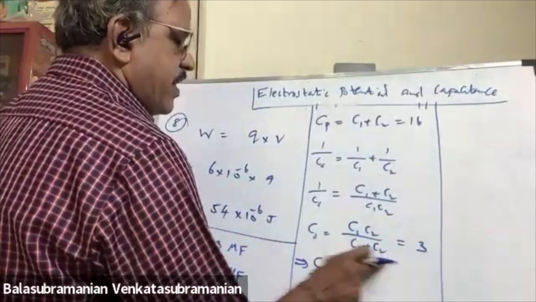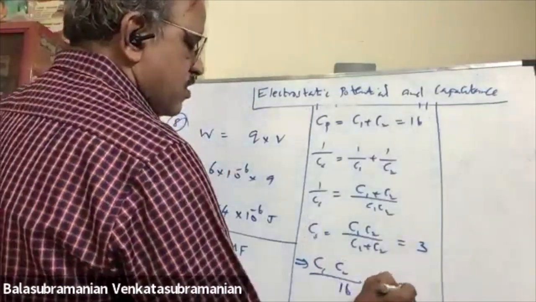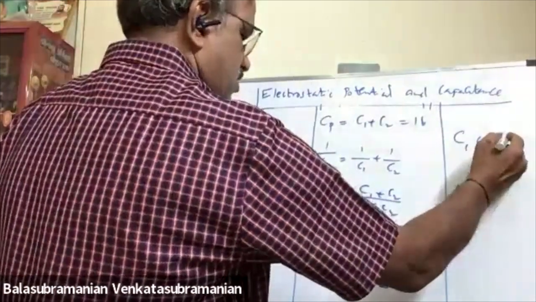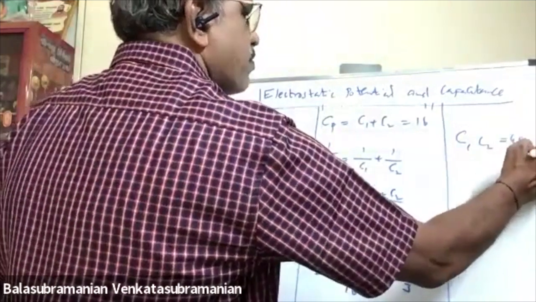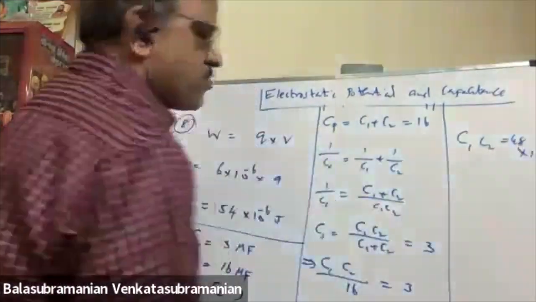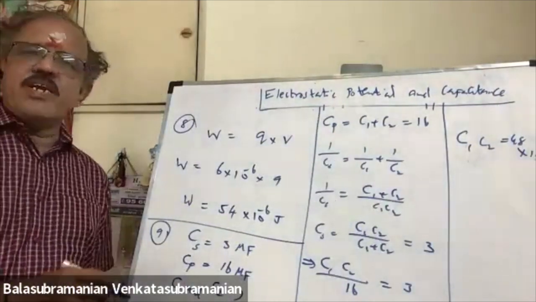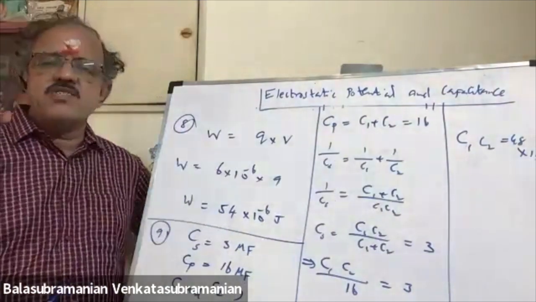C1 C2 by C1 plus C2 is 16. This is 3. So C1 C2 is equal to 48 into 10 power minus 12. Microfarad, micro means 10 power minus 6, there also minus 6, so minus 12.